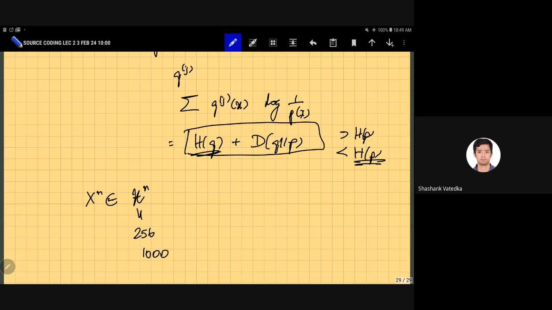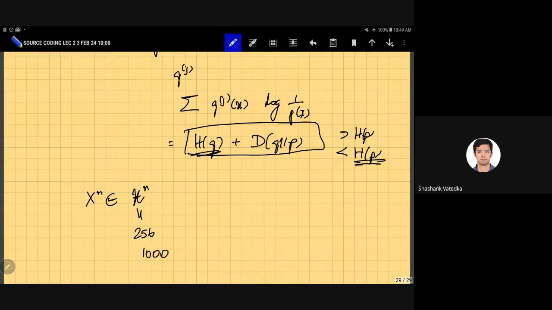But if you're trying to design special purpose compressors, then for each application you generally have some extra information about the source. A text file, for example, is going to be different from an image file, and this is going to be different from a video file, and so on. And in each case, you can always do more engineering optimization to get a better compressor.